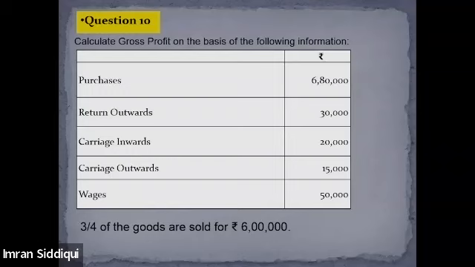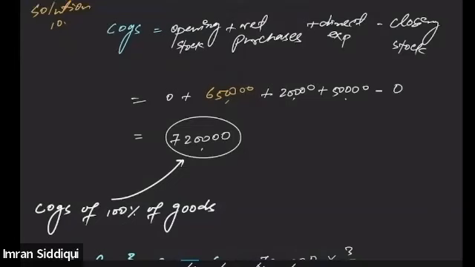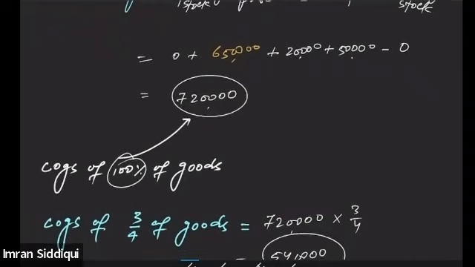You understand that? So this is the cost of 100% of the goods, but out of it, we just need to determine the cost of 3/4 of the goods.